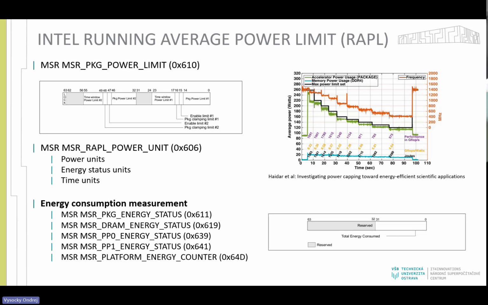There are two time windows, but it's probably not so important for us to measure energy consumption, because with each of these power domains, there is an associated register where you can read the accumulated power samples, so the energy consumption, which has 32 bits, which is enough.